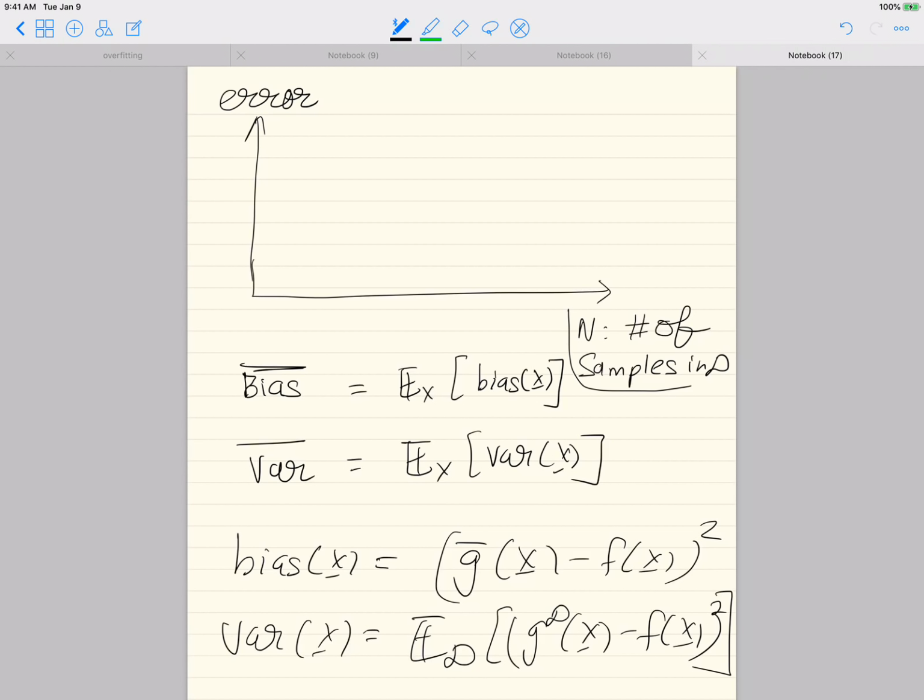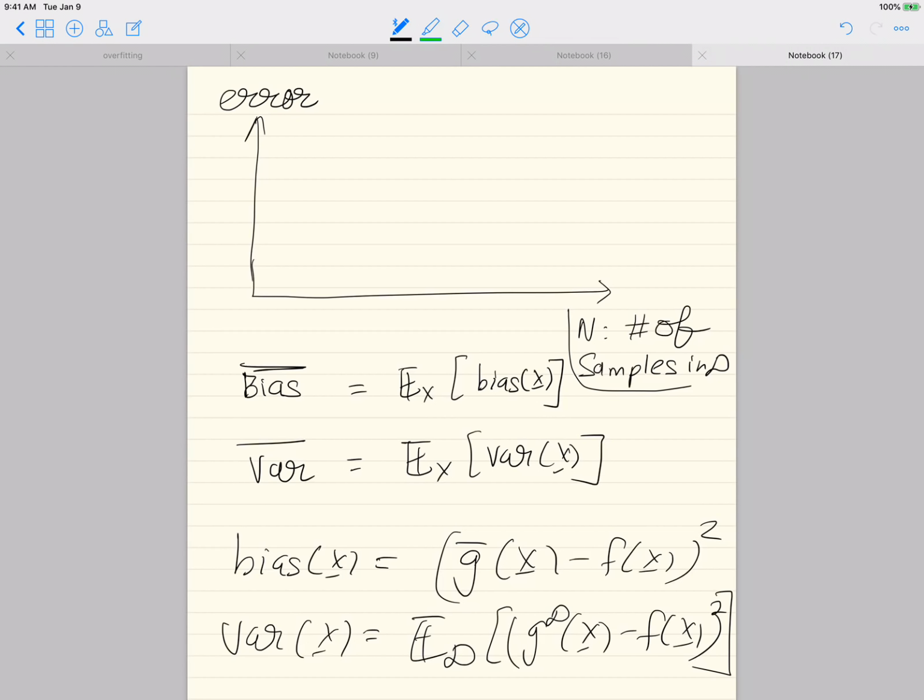No one? Okay. You said it's related to underfitting, so if you fix the hypothesis, you'll be underfitting the data as you increase the number of data points. Right.